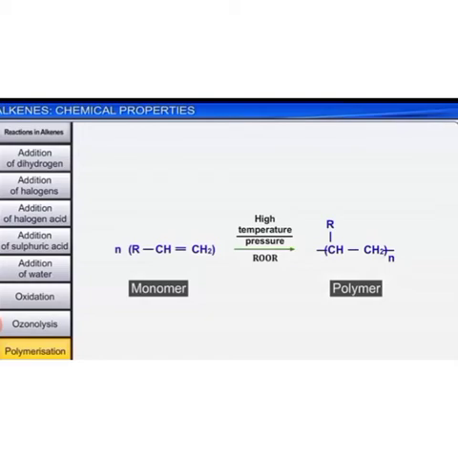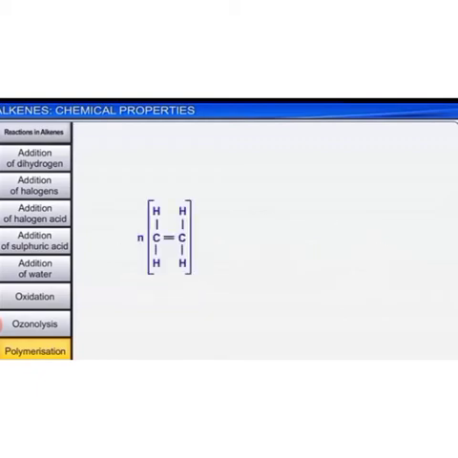The simple compound which forms the polymers are called monomers. For example, ethene, when heated to 1000 degrees Celsius under 1000 atmospheric pressure, undergoes polymerization to form polyethene.